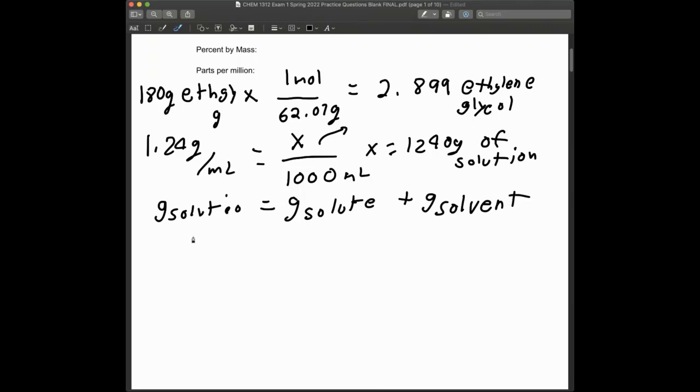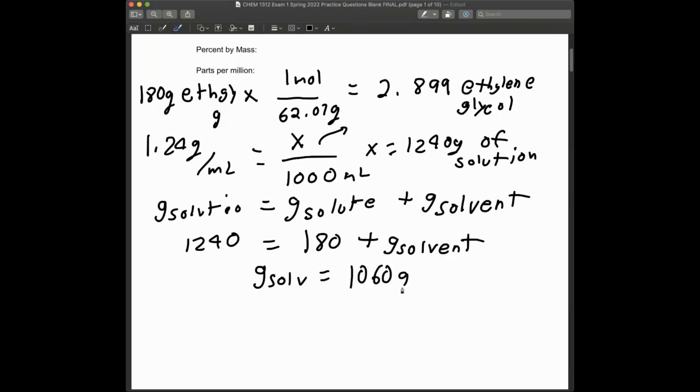When we do the algebra, we take 1240 grams, which we solved for up there. We're given that there are 180 grams of the ethylene glycol solute, and we have this left. Now that we have the grams of solvent, we can say grams of solvent is equal to 1060 grams.